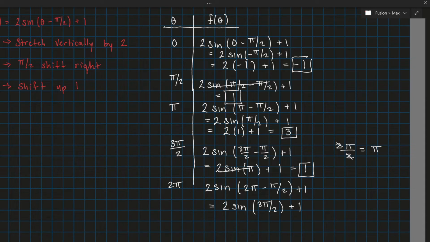The y coordinate of 3 pi over 2. It's either 1 or negative 1. Well, what's 3 pi over 2? What's that the same angle as? 270. So it's negative 1. So 2 times negative 1 plus 1 is equal to negative 1.